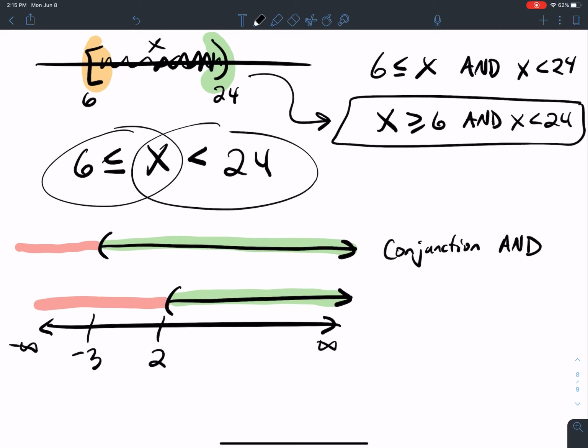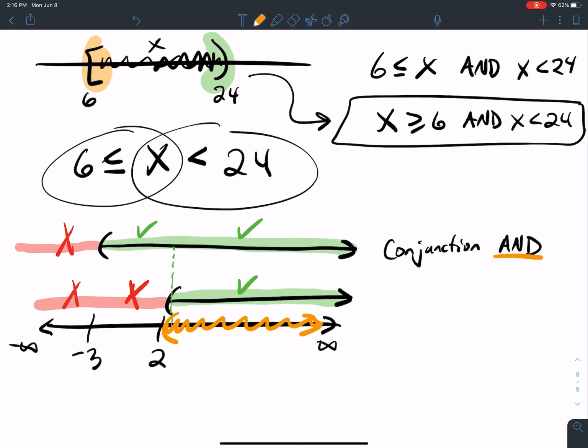So where are they both true? Looks like they're both true here and here. This one's true here, but it's not true there. And it's not true there, and it's not true there. So where does it work? Where's the only place that we're going to shade? We're only shading out this way where it's true for both of them for the and conjunction.